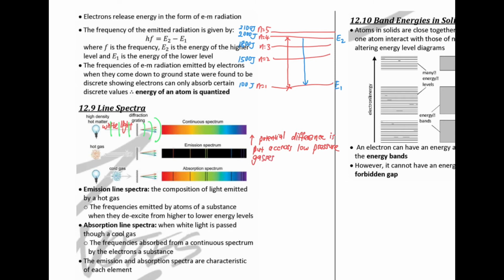So try to imagine, you have low pressure gases, then you apply the high potential difference. That means take some electricity, and after that they will form lines on a dark background.